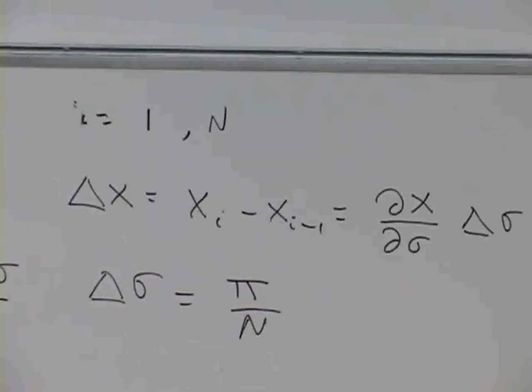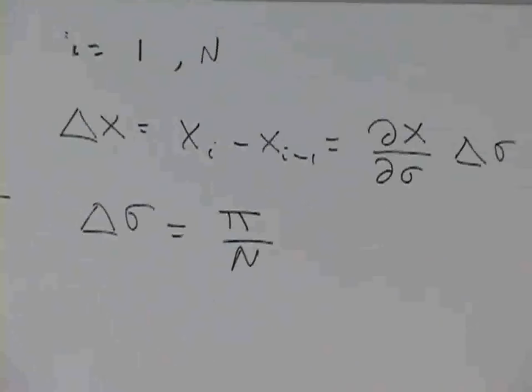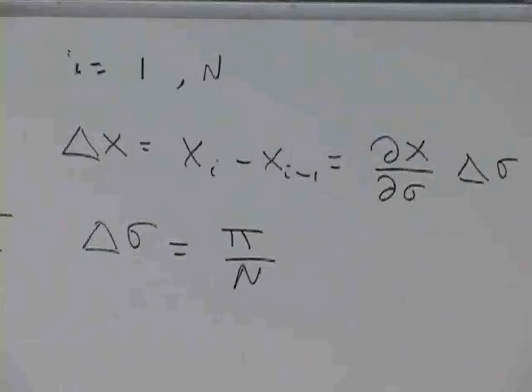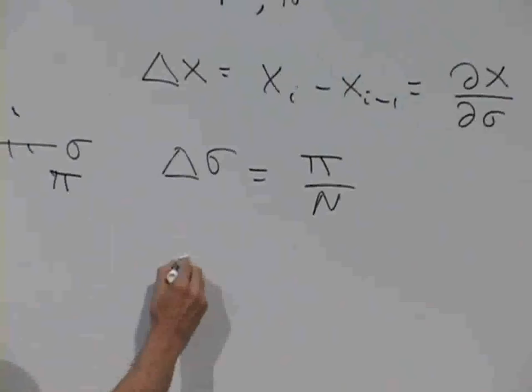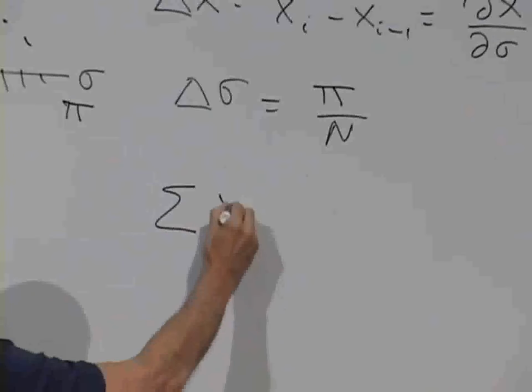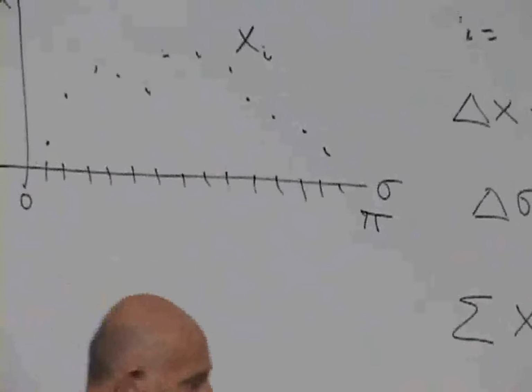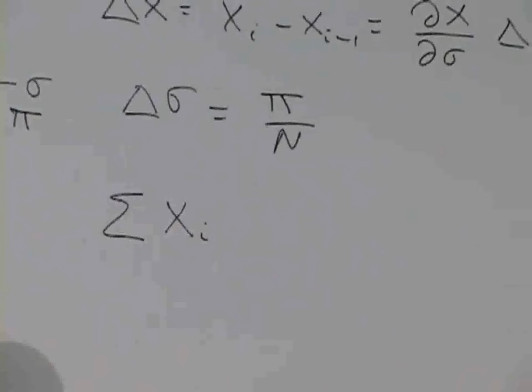And finally, a formula, this is for derivatives, the formula for integrals. Let's first imagine adding up all the x's. Sum of all the x sub i's. We're adding them all up. What's the approximation for that?